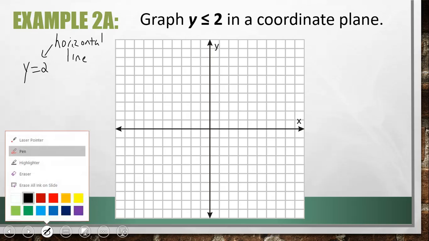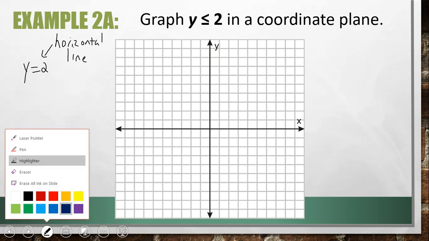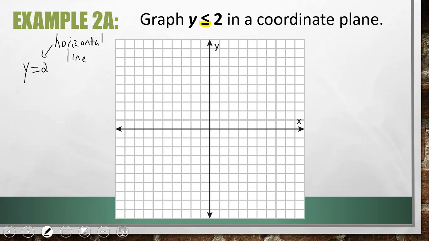Well, I have the equal to symbol. So the equal to symbol right here tells me that I'm going to have a solid line. So I'm going to make a little note to myself, okay, I'm dealing with a solid line. Am I going to shade above or below? Well, I have a less than symbol. So because I have a less than symbol, I know I'm going to shade below.